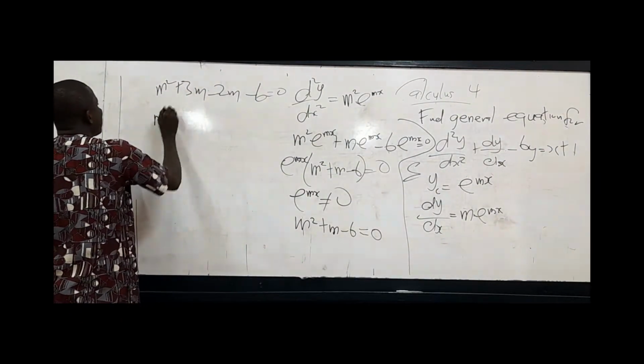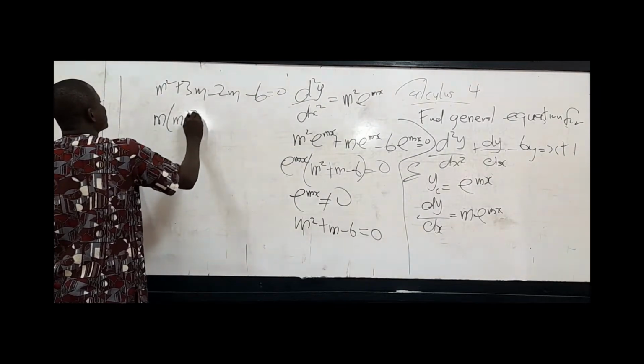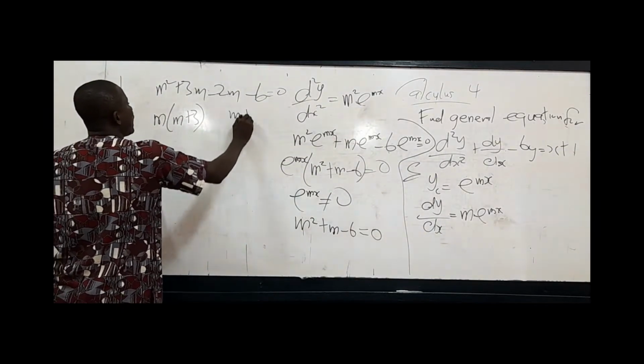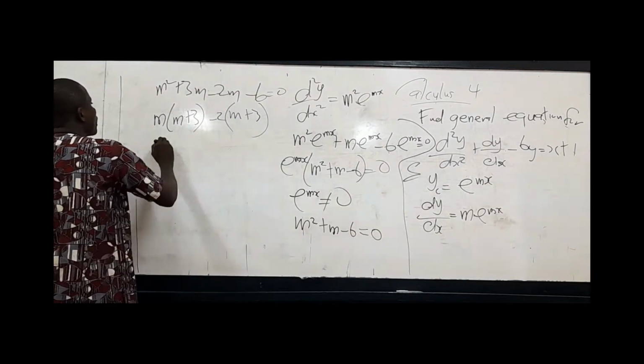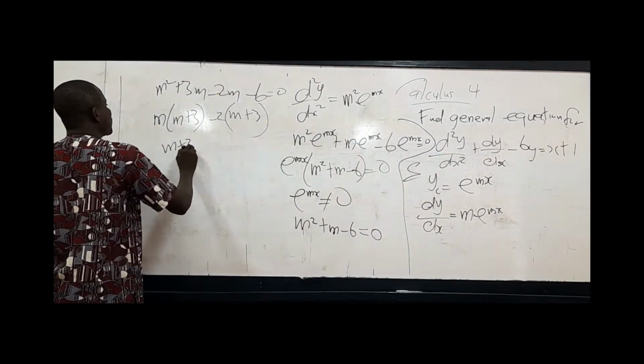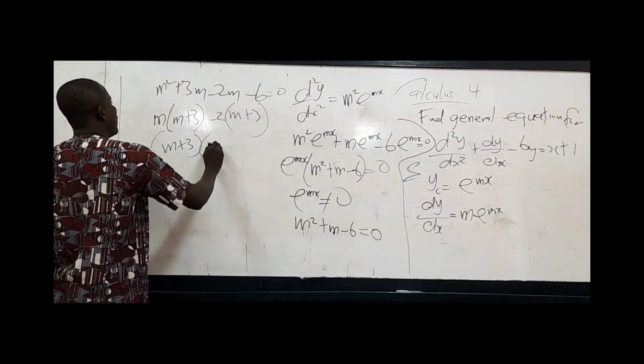Then we factorize: m plus 3 here, and also m plus 3 here, and negative 2. So we got (m plus 3) into bracket (m minus 2).